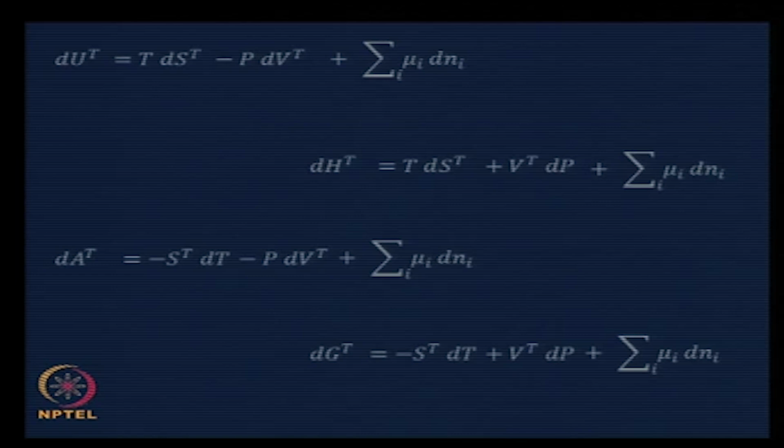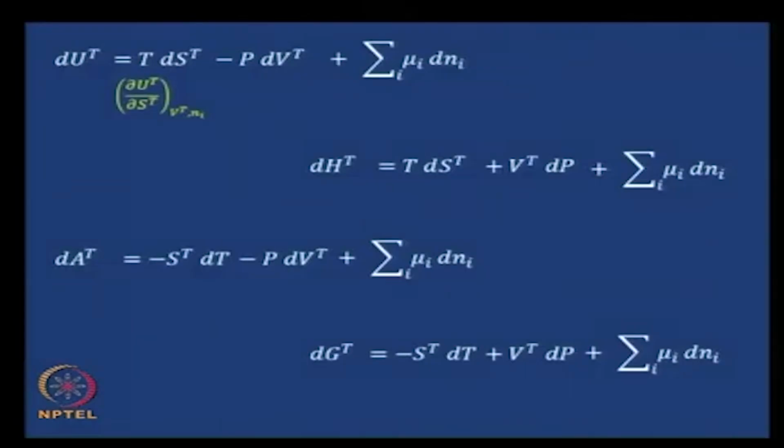I would like to point out some interesting features here. These 4 equations, dUt equals T dSt minus P dVt plus mu i dni, dHt equals T dSt plus Vt dP plus mu i dni, dAt equals minus St dT minus P dVt plus mu i dni, and dGt equals minus St dT plus Vt dP plus mu i dni, summation. Let us look at it in terms of writing a total differential in terms of its partial differentials.